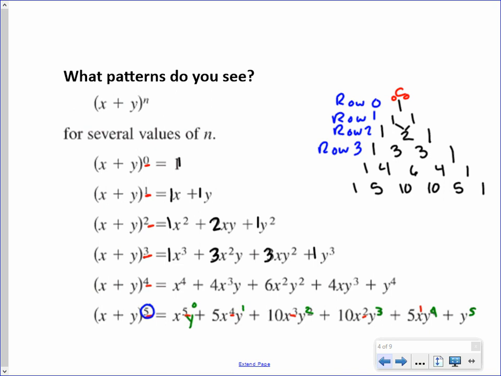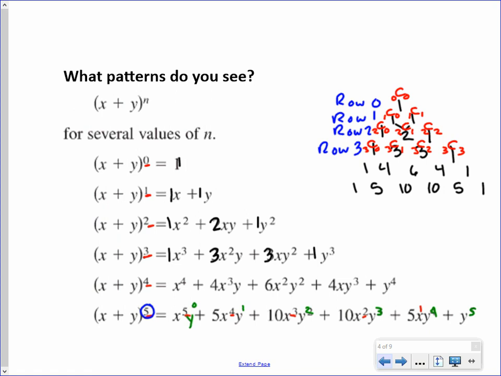In row 1, the first one is a combination of 1 item chosen 0 at a time. The second number is a combination of 1 item chosen 1 at a time. Then we do combination of 2 choose 0, 2 choose 1, 2 choose 2. Combination 3 choose 0, 3 choose 1, 3 choose 2, 3 choose 3.